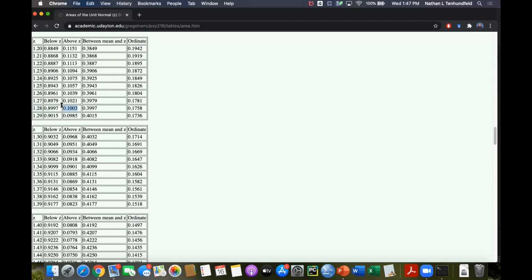But why the tail and not the body? Because, I mean, you could, in theory, do essentially the mean to z in here. But let me go ahead and share a screen one more time.